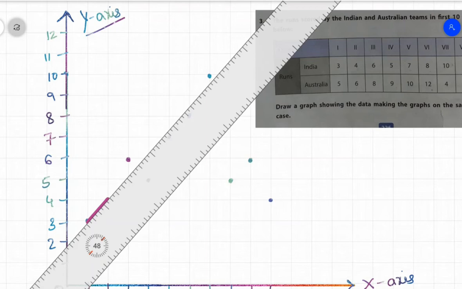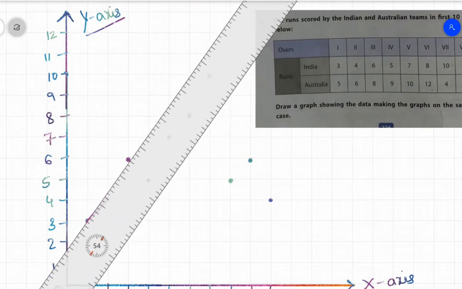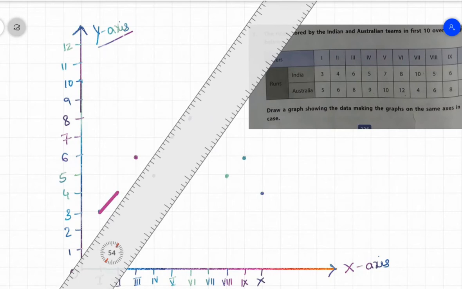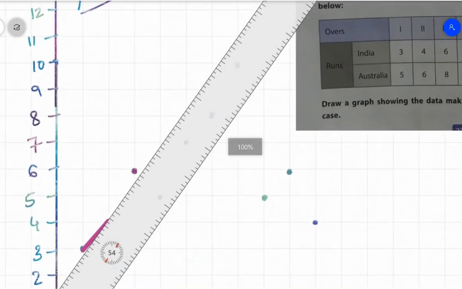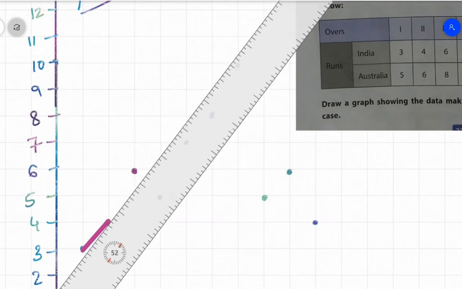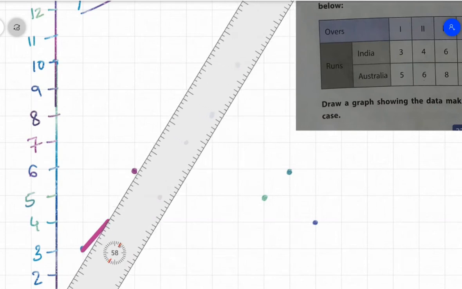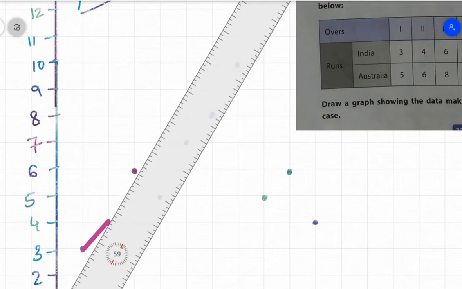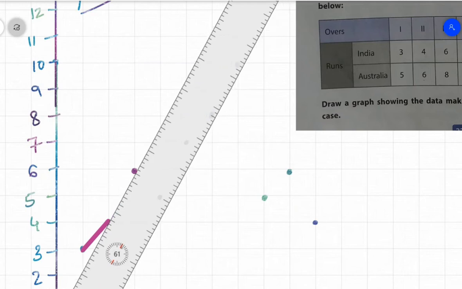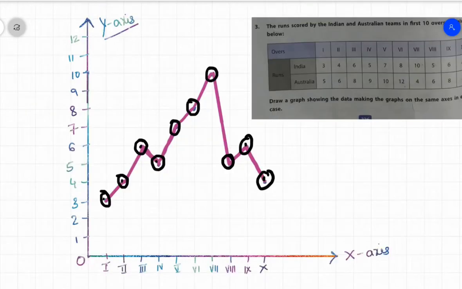Now again add this one, second and third. Now see children, this way we will join all the points. And this color, which color? Magenta color is showing you the graph of India.